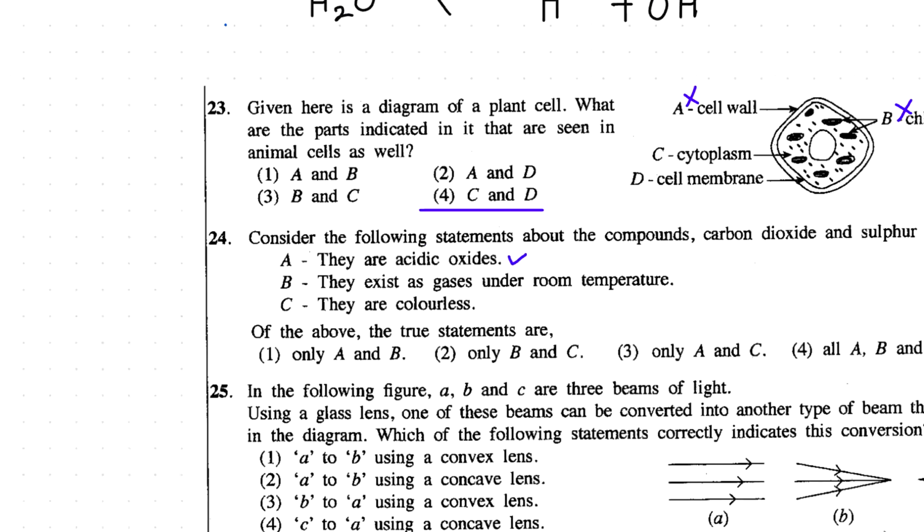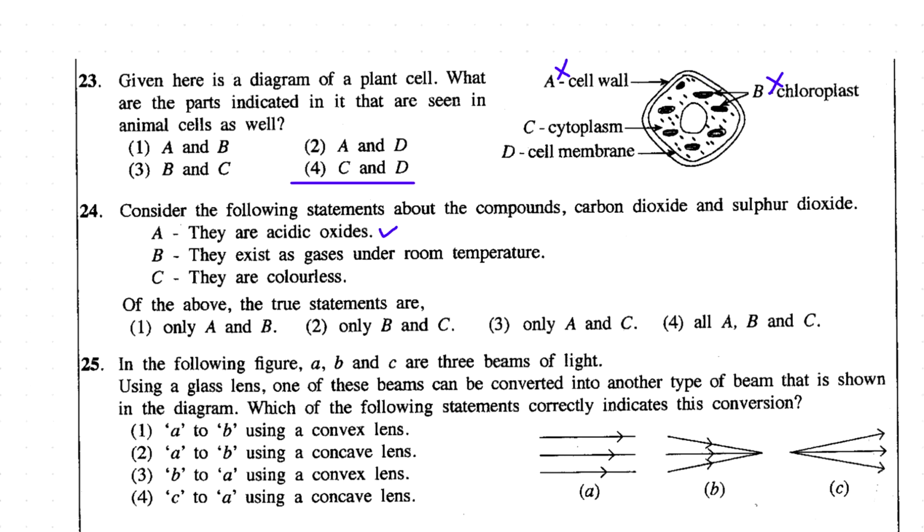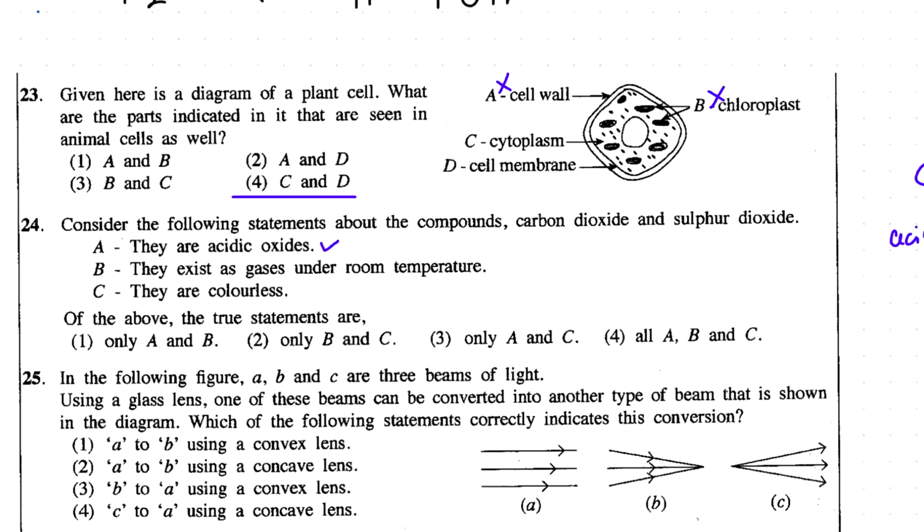They exist as gases at room temperature. What do you think? Do they exist as gases at room temperature? Actually, they are both gases at room temperature. Carbon dioxide is a gas at room temperature, that we know.